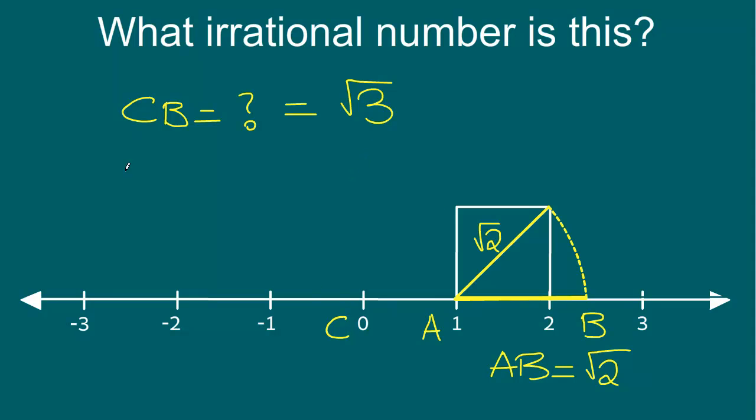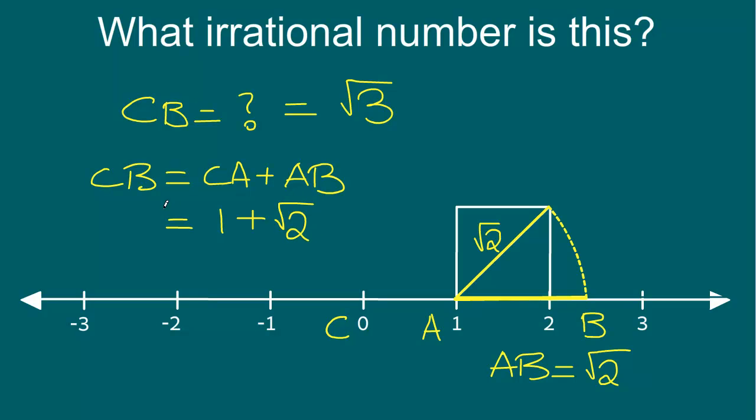So let's say CB is really CA plus AB, right? What is AC? This is 1, because this is 1 unit. And from A to the point B, AB is square root 2.